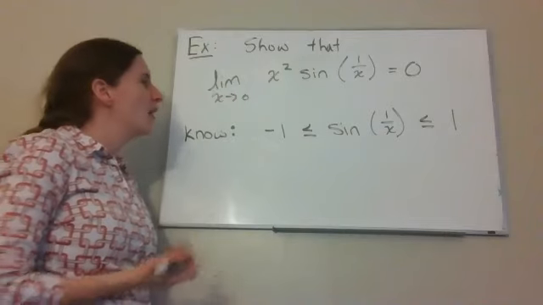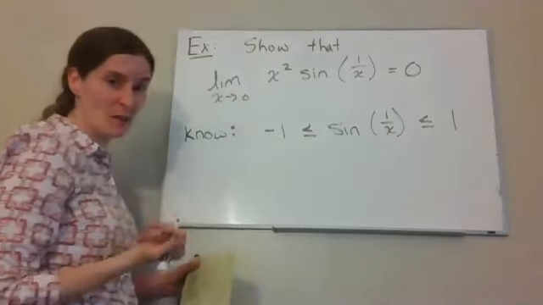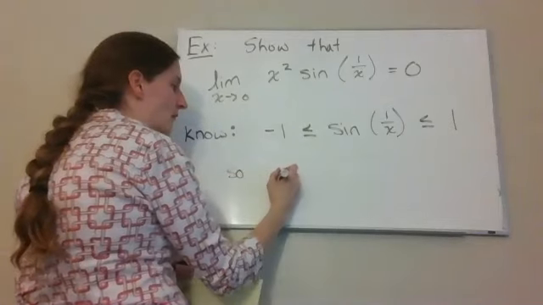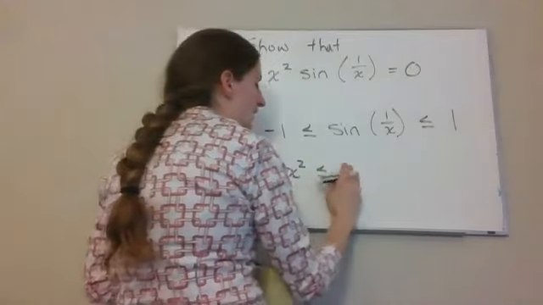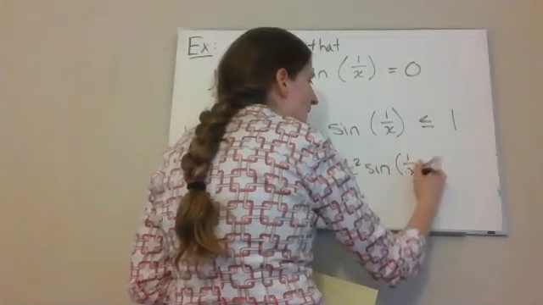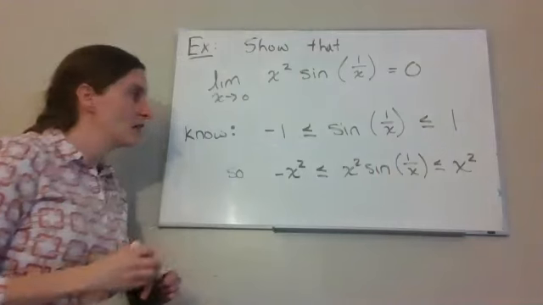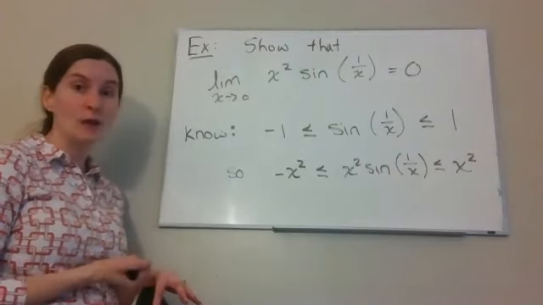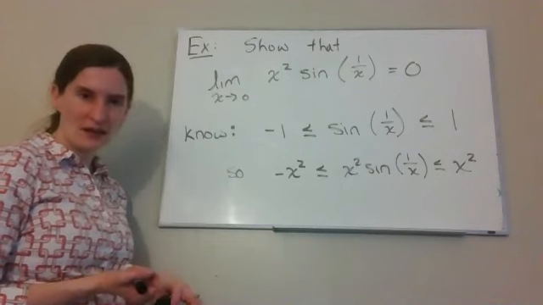That tells me about sine of 1 over x, but my function is x squared times that. So let's multiply everything in this inequality by x squared. I get negative x squared is less than or equal to x squared times sine of 1 over x, which is less than or equal to x squared. I don't have to flip any inequality signs because x squared is always positive, so we're not multiplying or dividing by a negative.